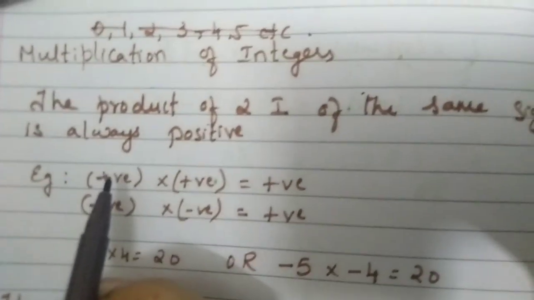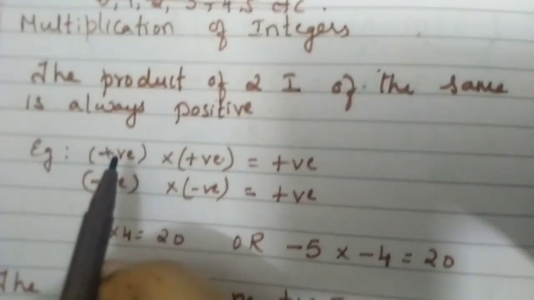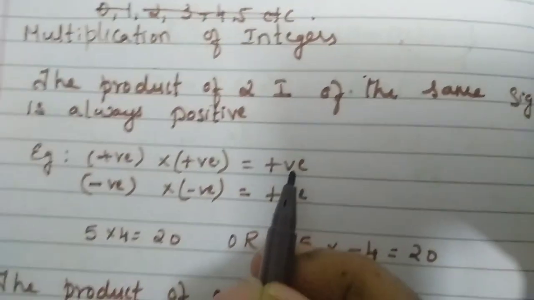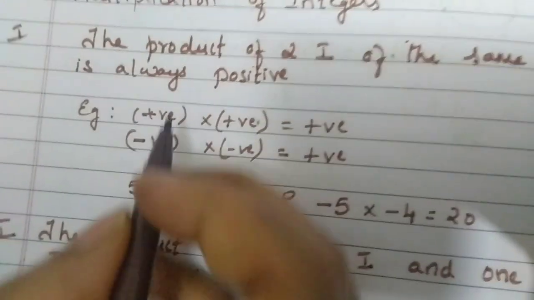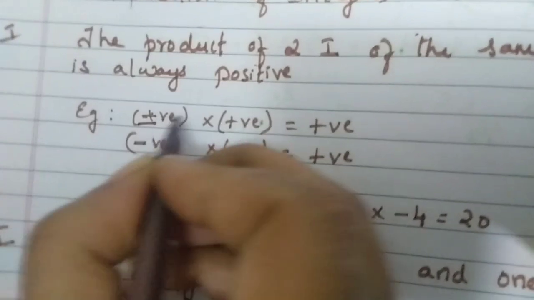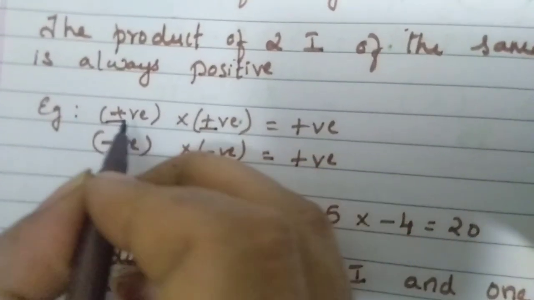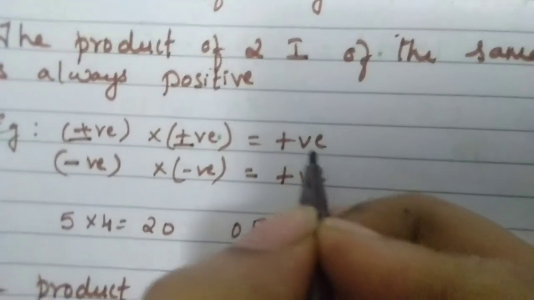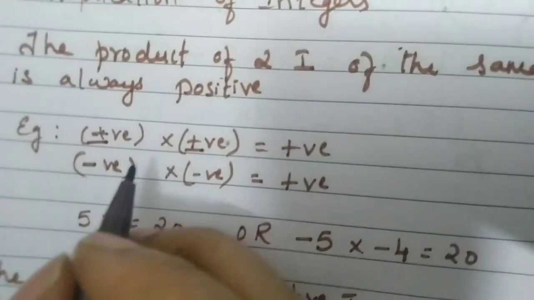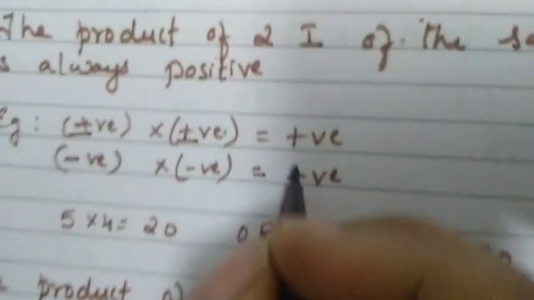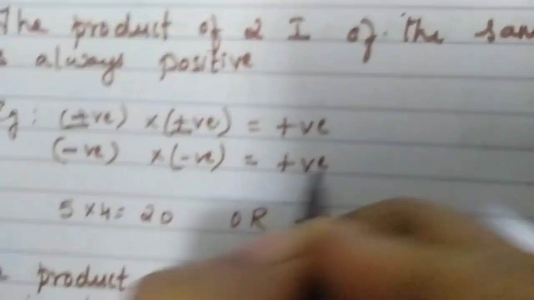We have a positive sign, any positive natural number, into another positive natural number gives you a positive integer, a positive product. Similarly, you check out the sign. The signs are same. So we have a plus here and we have a plus here. So two numbers with the same sign yield the same positive integer. Then any two numbers with the negative sign again yield the same positive integer.